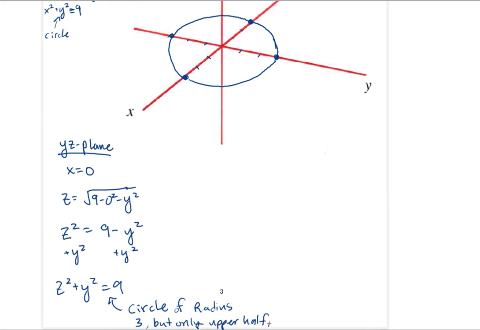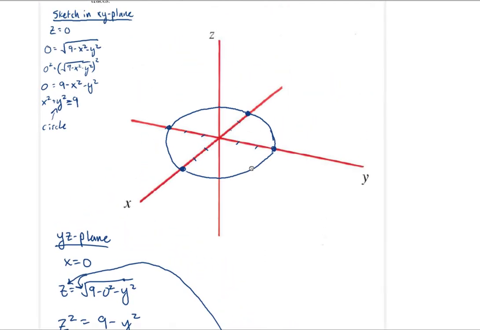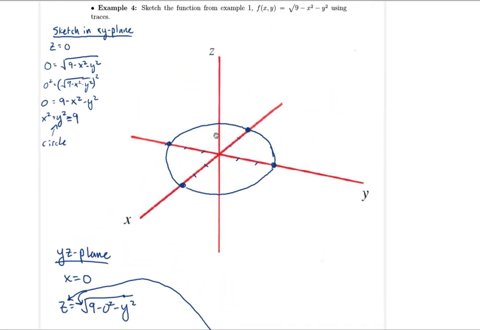And why is it only the upper half? Because back here, z was equal to the positive square root. So z is always greater than or equal to 0. As I go to sketch this, it's going to be a circle of radius 3, but only the upper half of that circle. So I'm going to go up 3.